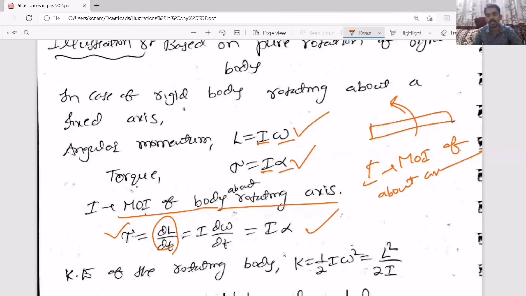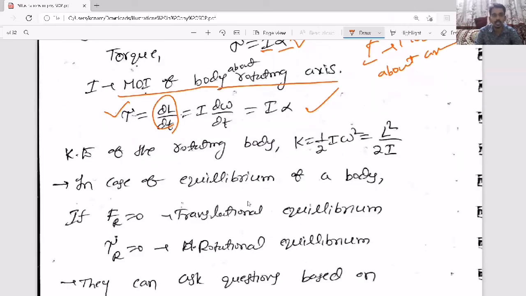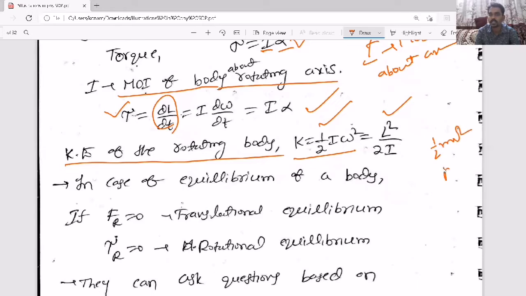And for such a rotating body, what kind of kinetic energy will be there? Here, rotational kinetic energy, half I omega square, which is nothing but L square by 2I. Just like in translational motion, half m v square is nothing but p square by 2m.